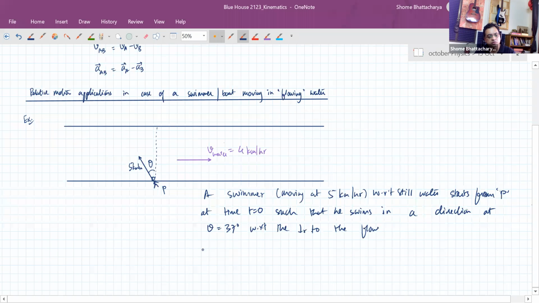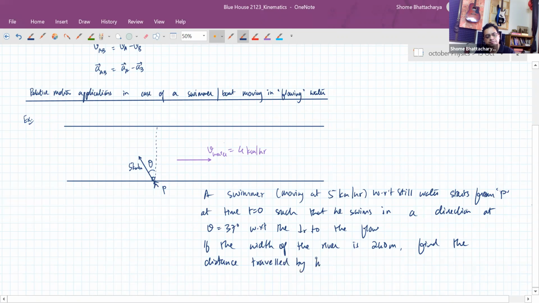If the width of the river is 240 meters, find the distance traveled by him with respect to ground frame and the time taken to swim across. Just try this problem to do.